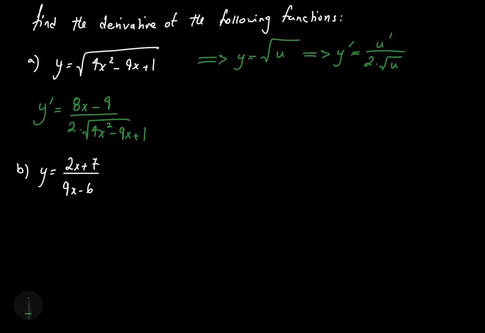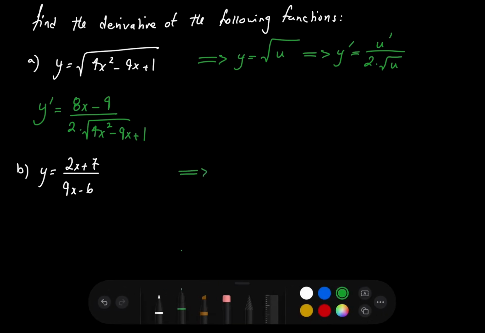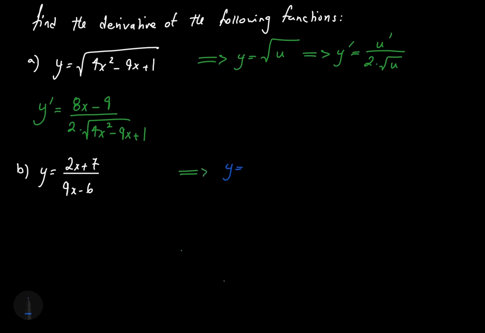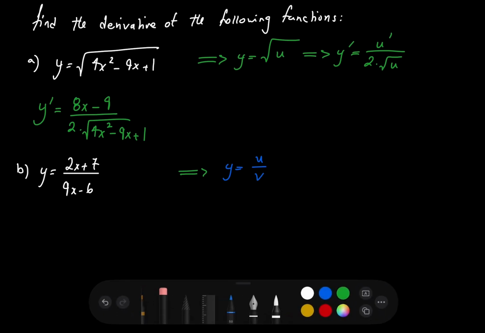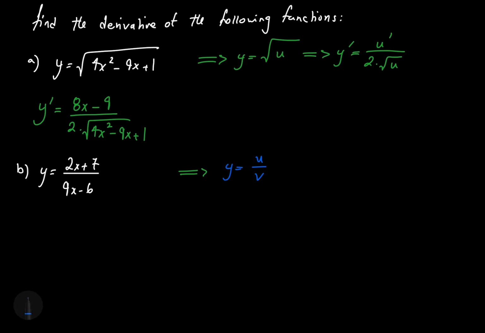Let's go ahead and take a look at the next one. Now this one is in the form of y equals u over v. So we have to use the quotient rule for this one. Now be careful about this rule, because sometimes you can get confused about it, but it's really simple. You just have to take the derivative of the numerator, u prime times v, subtracted by the derivative of the denominator, which is v prime times u, divided by v squared.